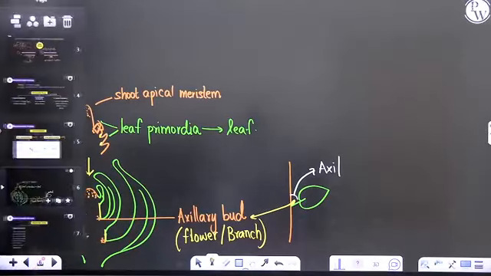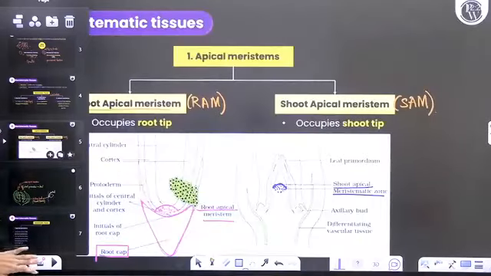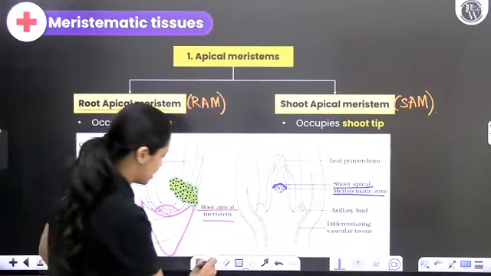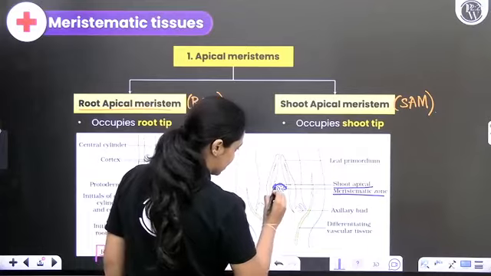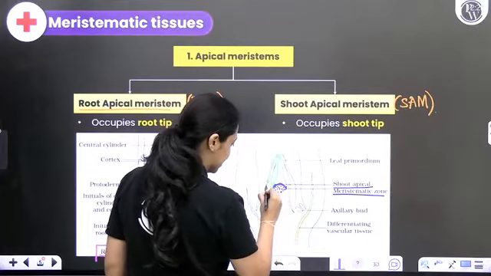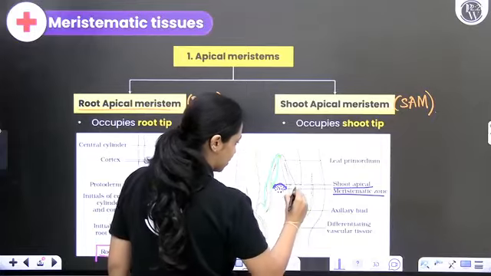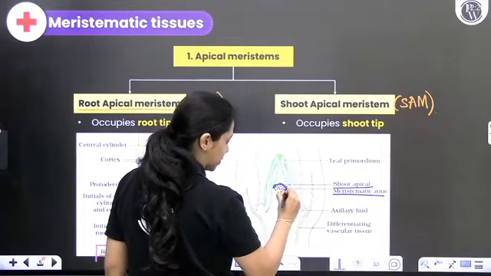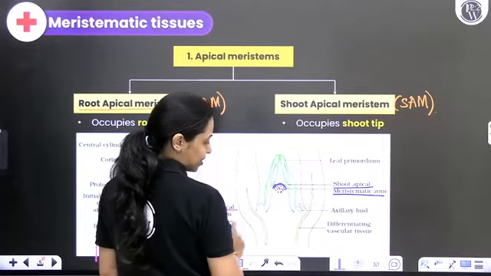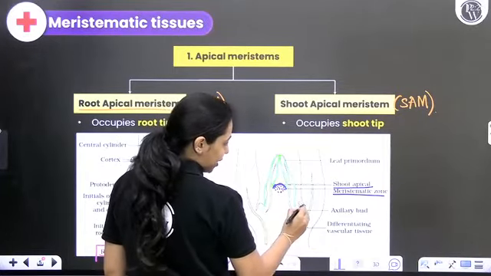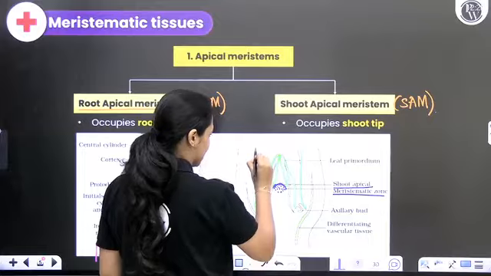Okay? So what you're looking at here in this diagram, this is the stem, this is the leaf primordia. See, it's arising as an extension of the shoot apical meristem. Here again, you have another leaf forming.